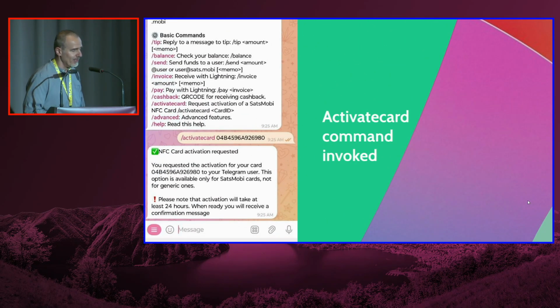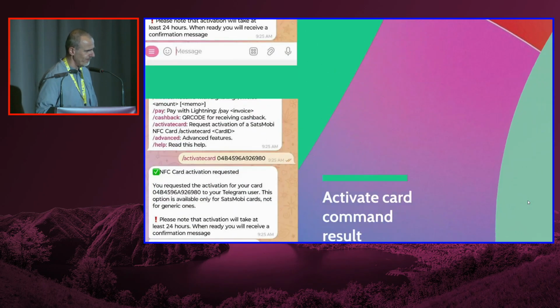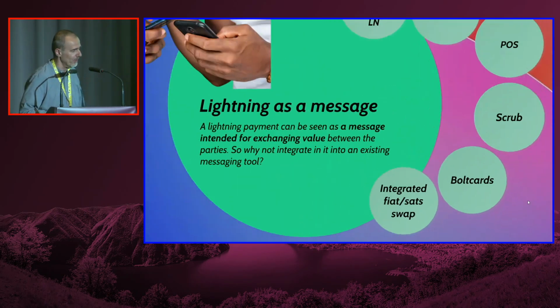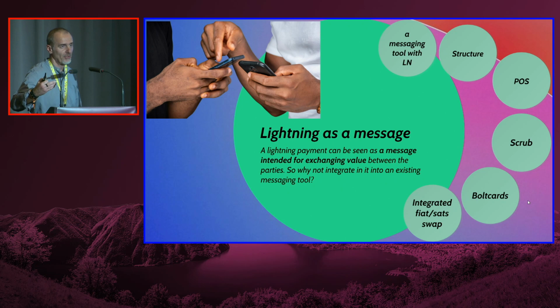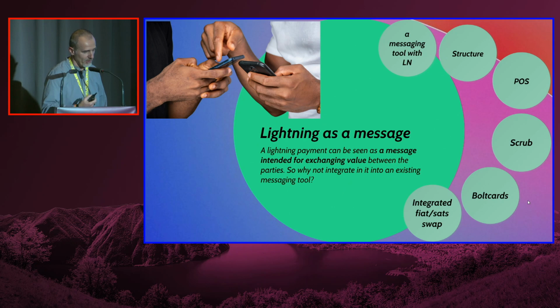This can be connected to your account, and just invoking the activate card command activates the card connected to the account. So you can spend the balance in your account by using this card. For example, even here in Lugano, you can use any POS which supports NFC to receive payments.